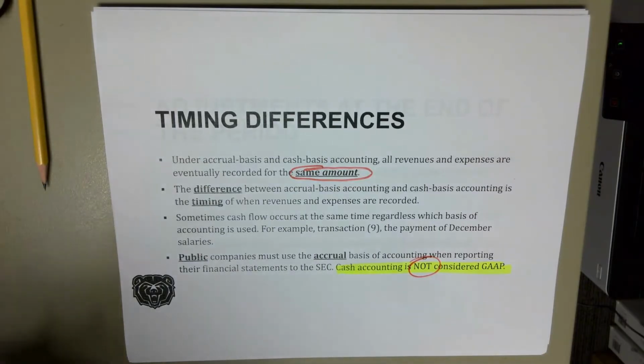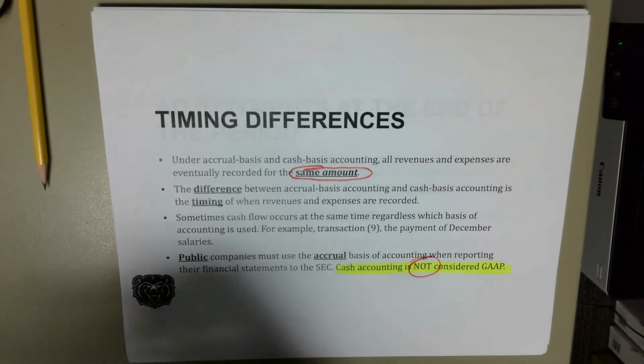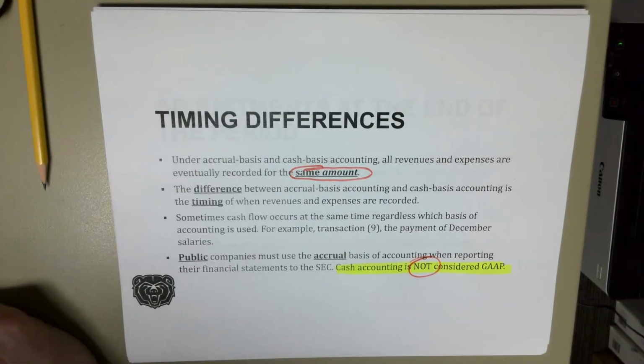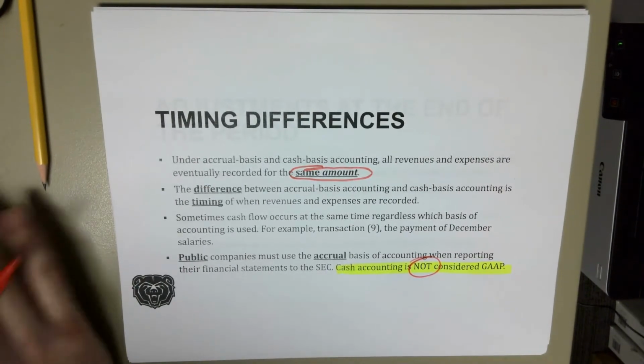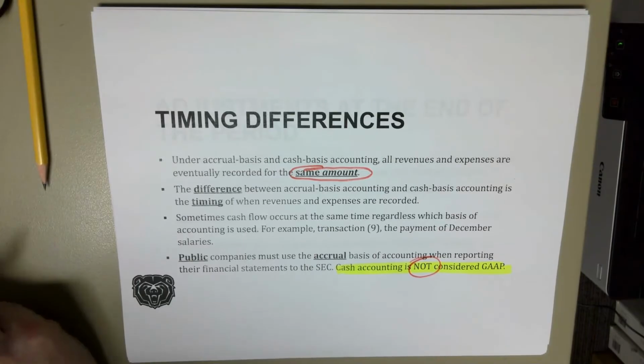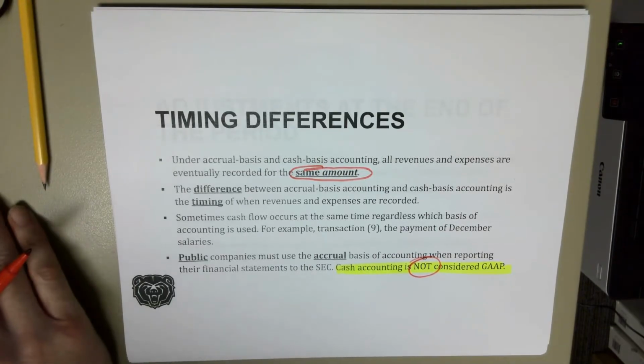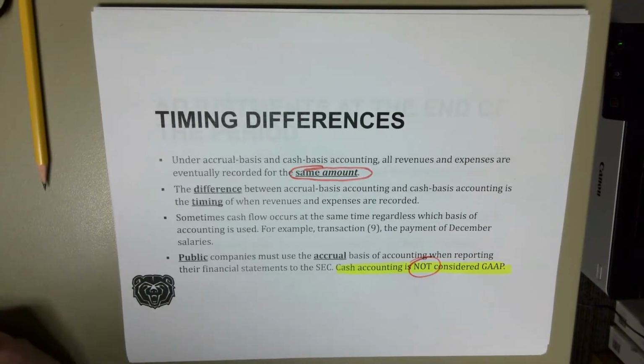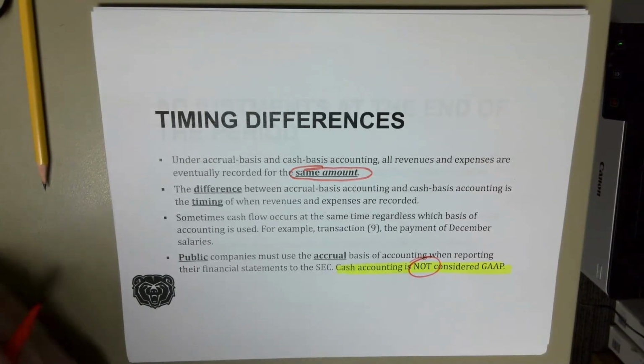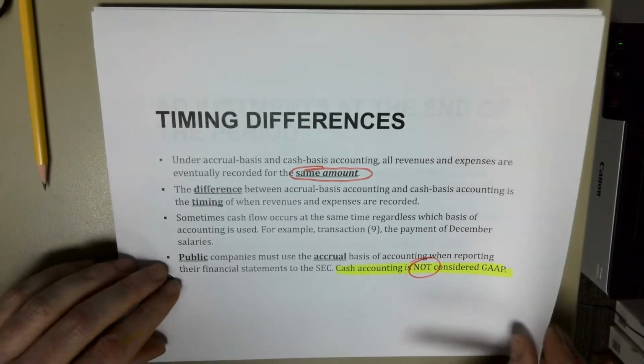Those of you that are entrepreneurship majors, management majors, or want to start your own small business: at some point in the future, if your business gets large enough, your transactions are going to be complicated enough, and you're going to have enough revenues and expenses that, in order to limit your tax liability, you're going to have somebody, probably a CPA, come in, and it's going to cost you thousands of dollars to convert from cash to accrual. So if you can learn this now as a small business owner and implement it now, you'll save yourself a bunch of money in the future.